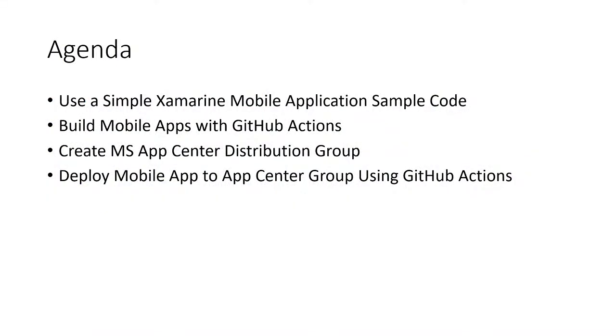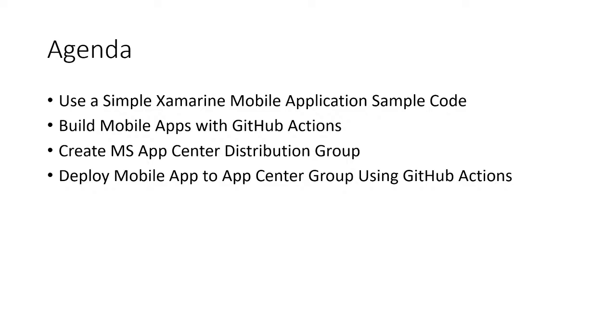So to begin with the session, let's look at the agenda. The first step would be we will be using a simple Xamarin mobile application sample code and then put it in GitHub, and then we will look at how we can build mobile apps with GitHub Actions, and then we can have a look at MS App Center distribution groups and how we can use that.